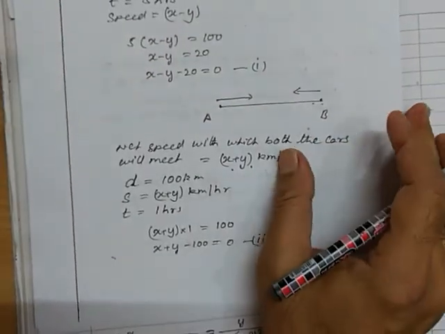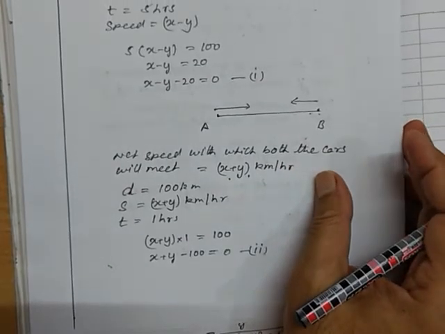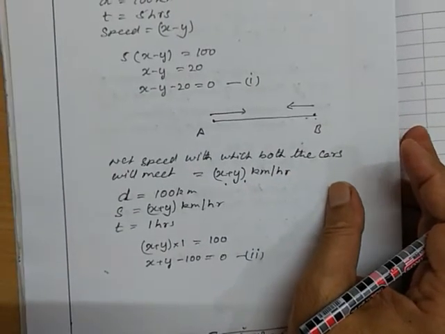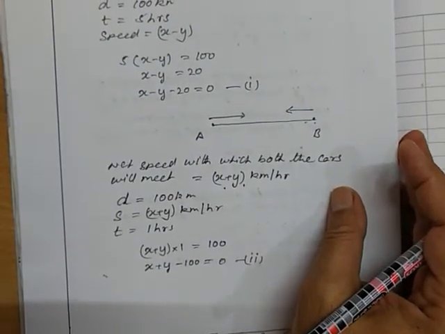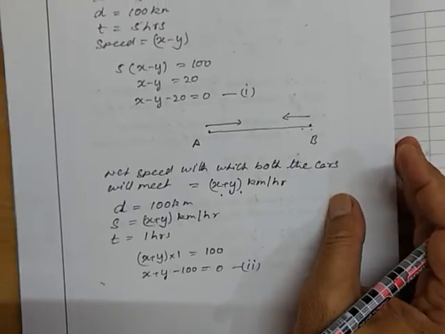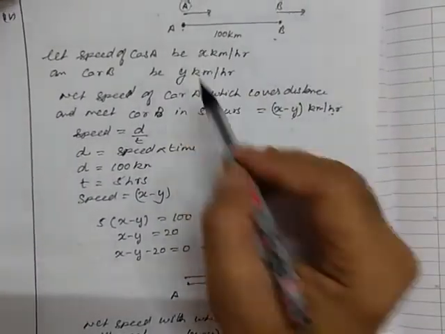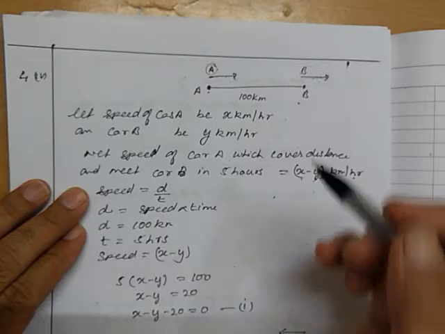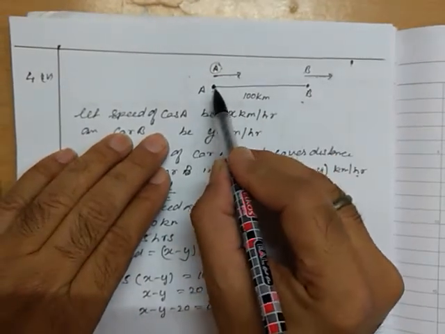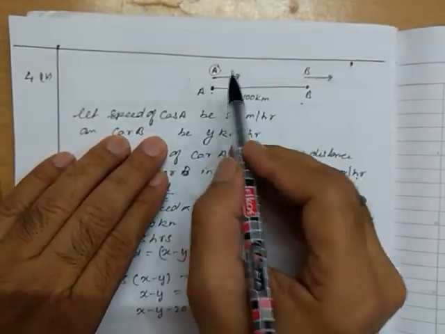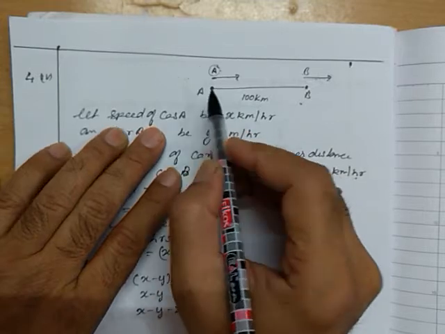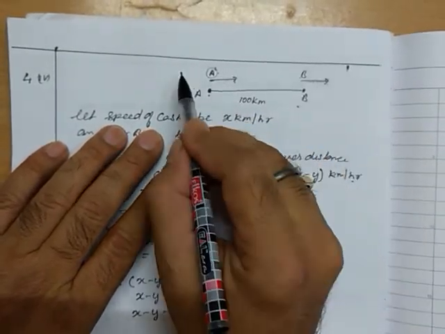If you are not clear, kindly replay this video and try to understand each statement, and then your concept will be clear. It is a very important thing that you should understand about the speed when two cars are moving in the same direction, suppose from west to east.